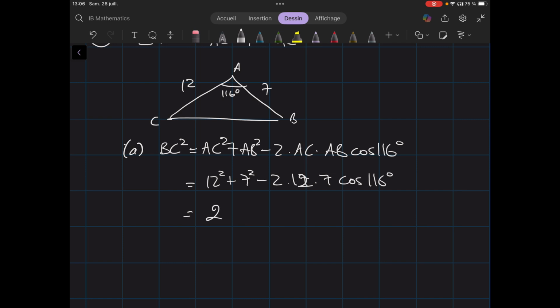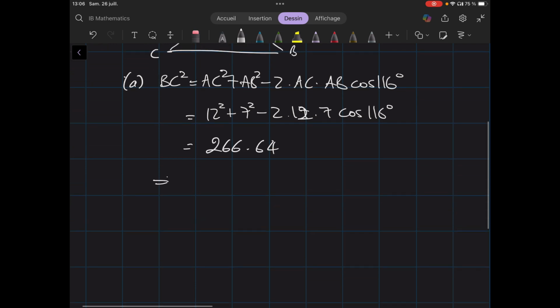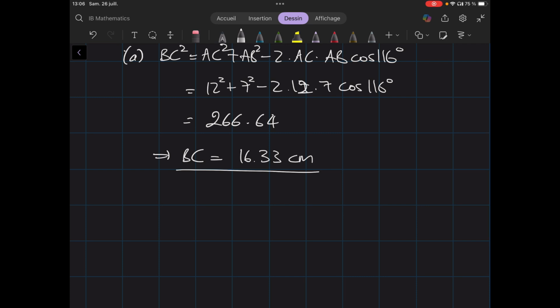And you'll be at 266.64. Therefore, BC is equal to 16.33 centimeters. You may leave your answer in more than 3 significant figures. That's totally fine. As long as the first 3 significant figures are correct, you will get full marks.